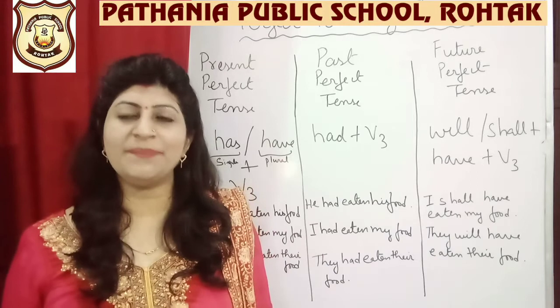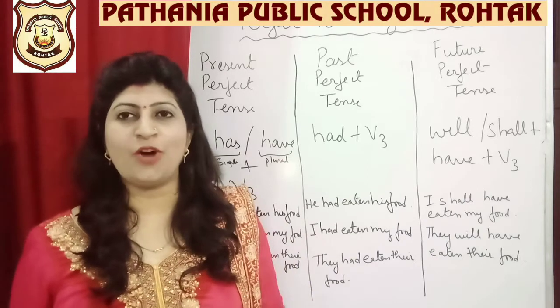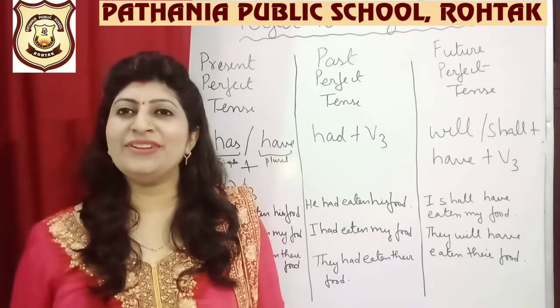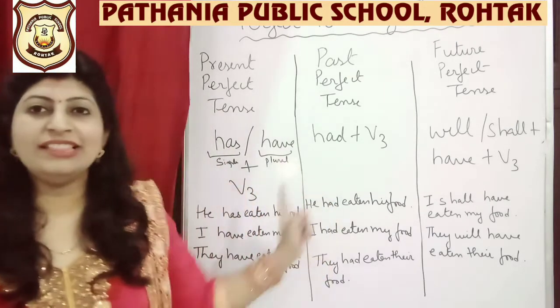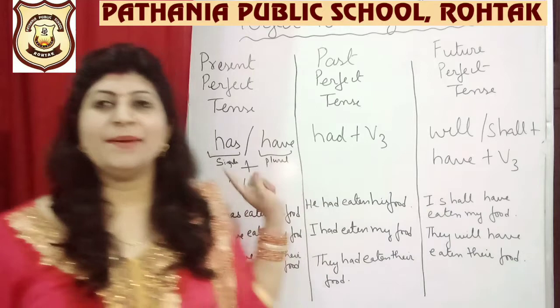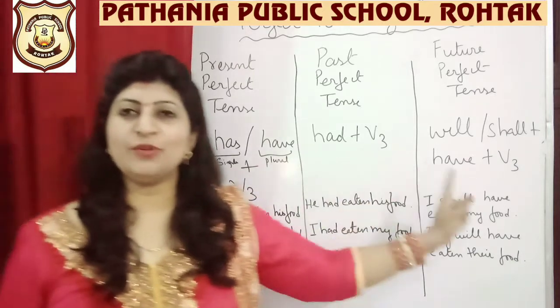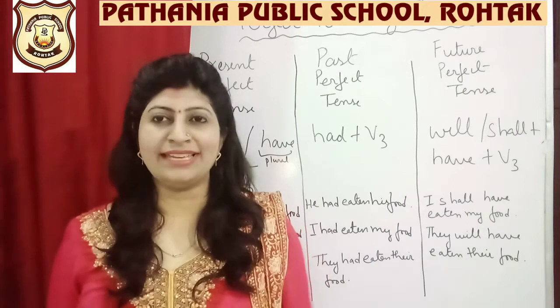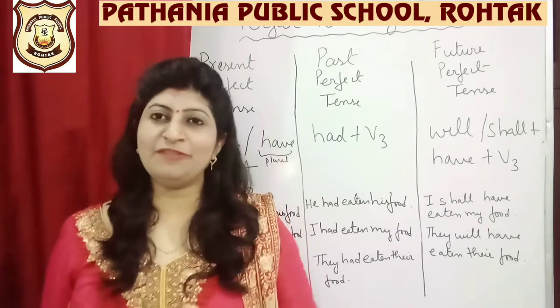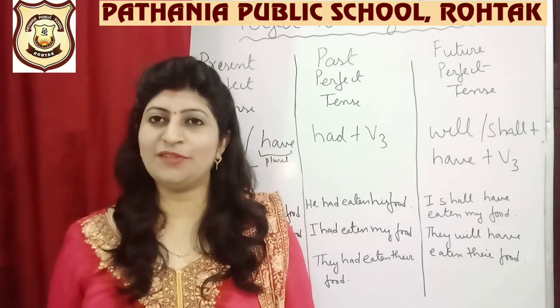Easy to remember. This is the third form, third. So we are going to use the verb third form, and all the three, present, past and future, all are using the V3 form only. So I hope there will be no confusion regarding the form of the verb.